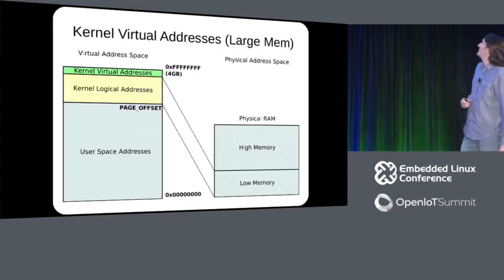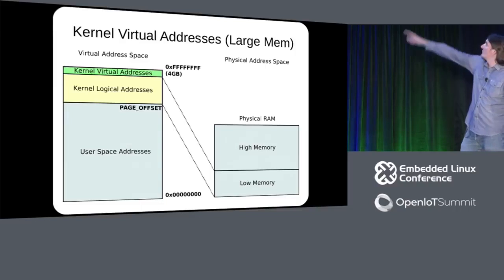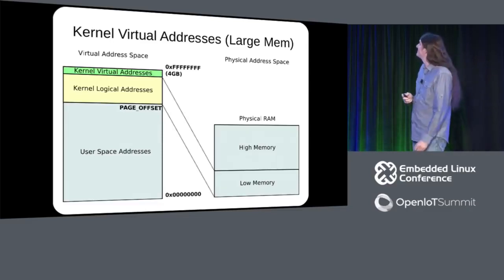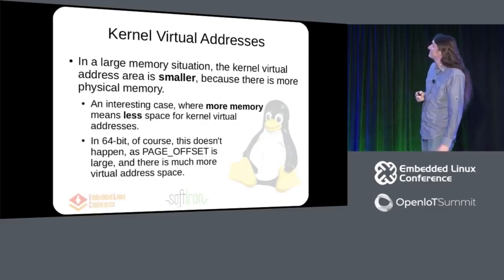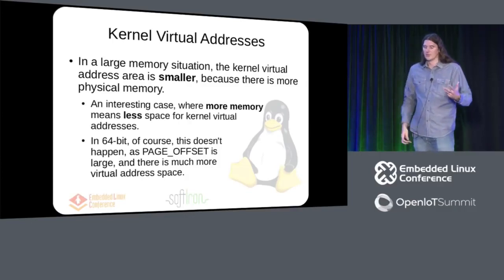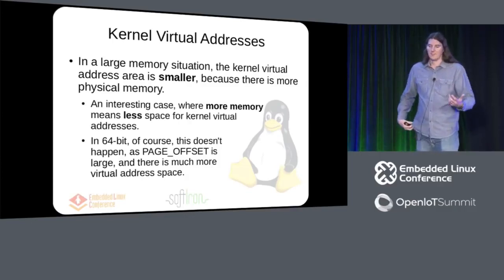So let's have a look at the large memory case. On the large memory case, we have low memory and we have high memory, just as we did before. And we also have kernel virtual addresses on the top. But this region is a lot smaller now, right? In a large memory situation, the kernel virtual address area is smaller because there's more physical memory.